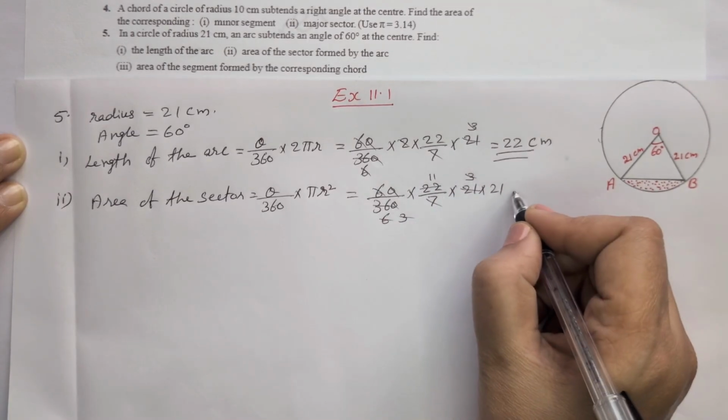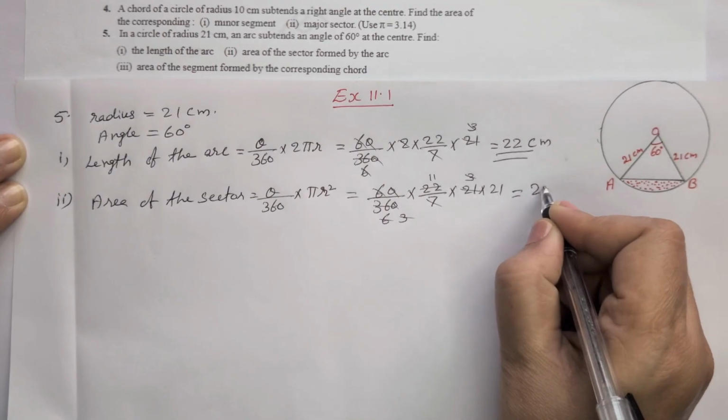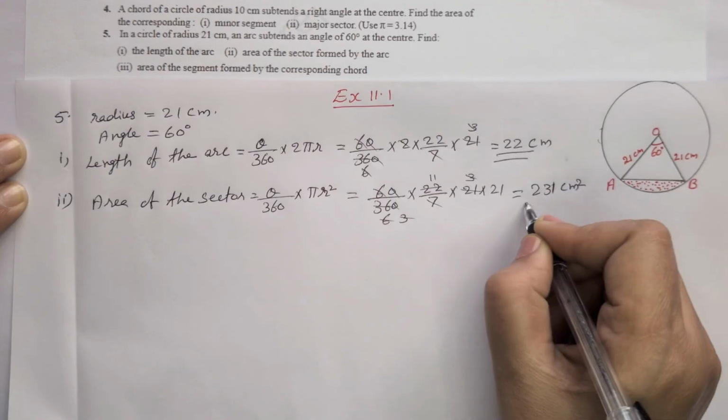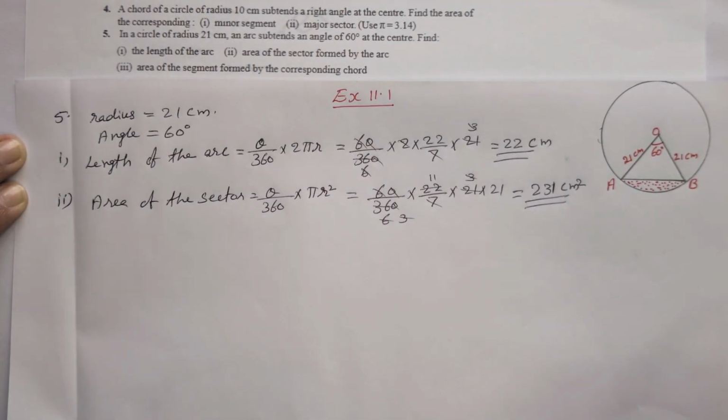So 11 into 21, 231. So area of the sector we got as 231 centimeter square.